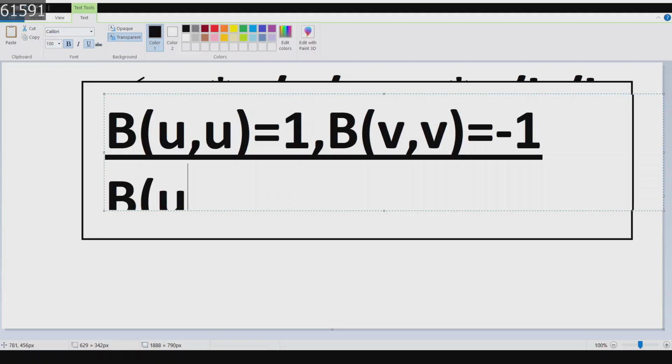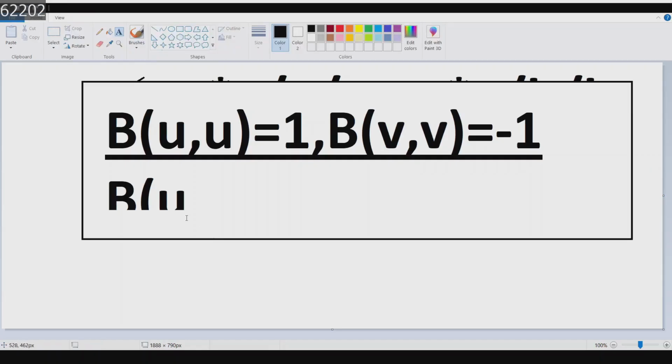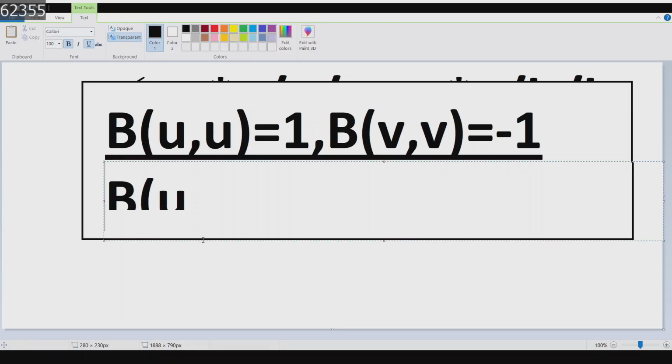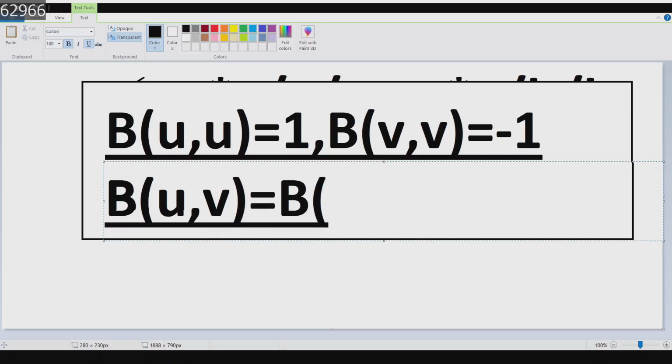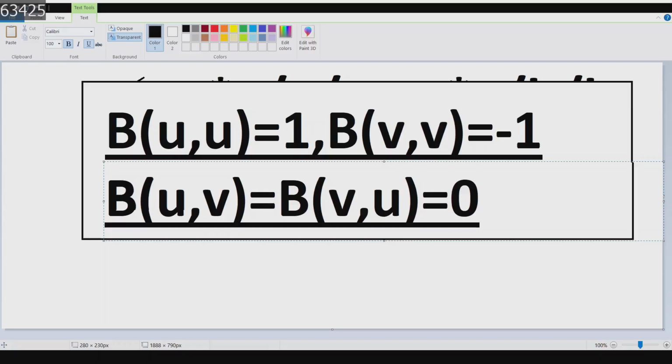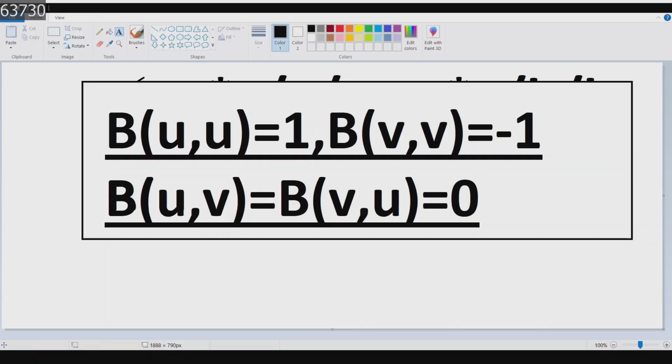B(u, v) equals B(v, u) equals 0. This is its definition.